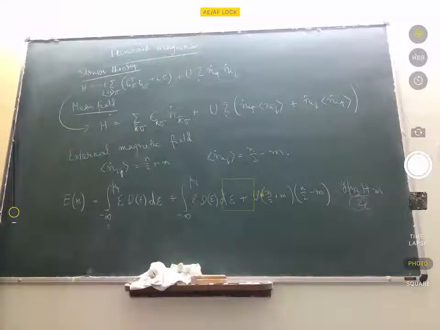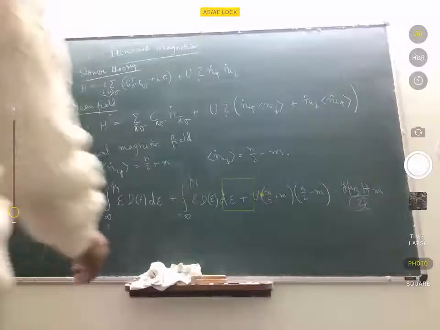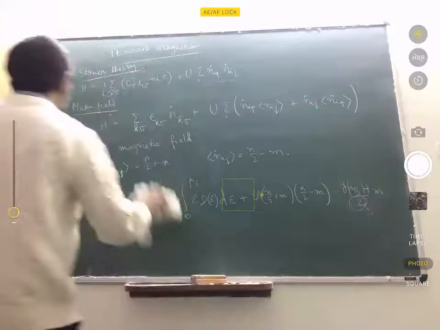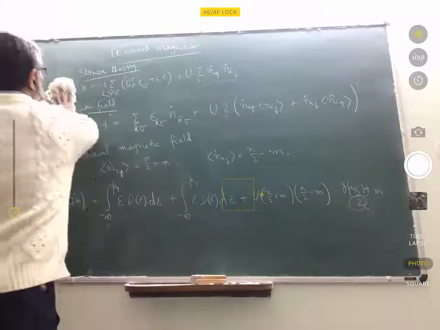Right. So what we are trying to get at is what is the change in energy when you have a magnetization in the system, and we'll compare that to the energy of the system when there is no magnetization. So I'll just delete this part.